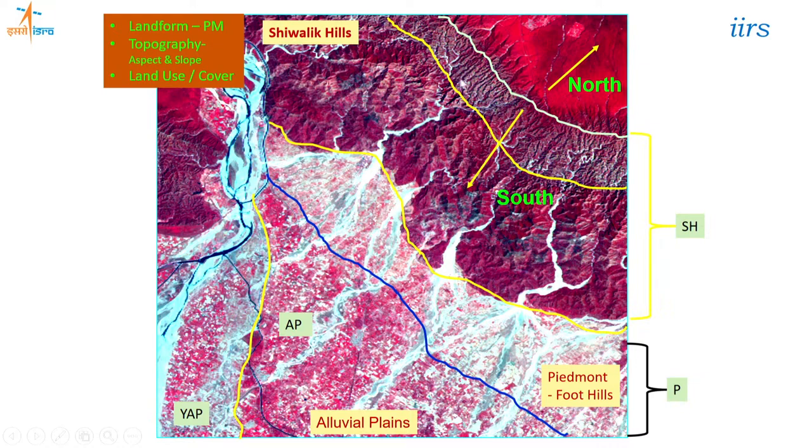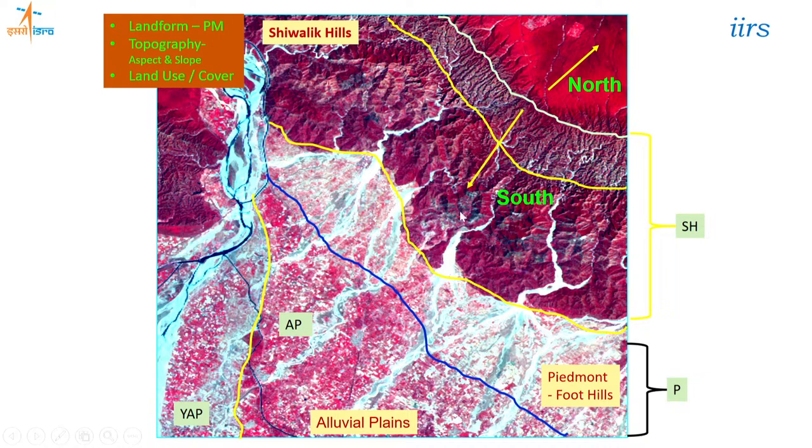Suppose this is the parent material hill. Then at the second level I have divided based on the slope. Here the slope is more, here the slope is less. So how can we see the slope, more or less? You can see in the satellite data also that here the drainage density is high and here the drainage density is low.